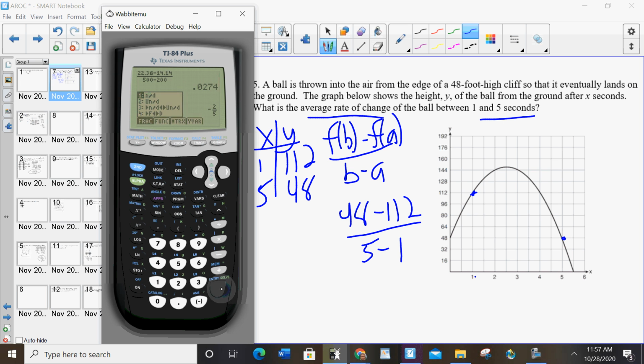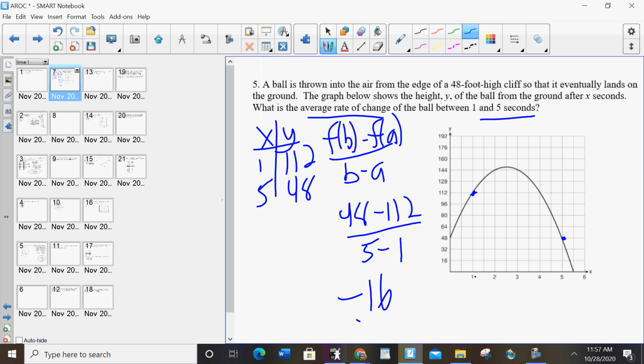Alpha y equals enter. 48 minus 112 over 5 minus 1. Negative 16 is my average rate of change.